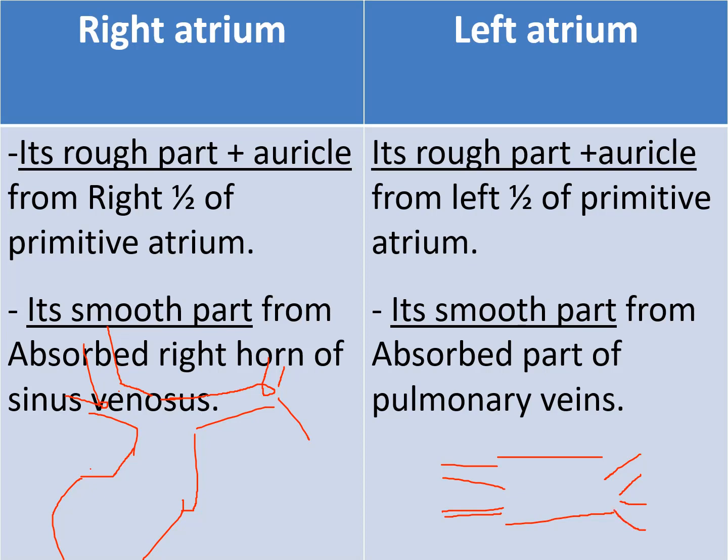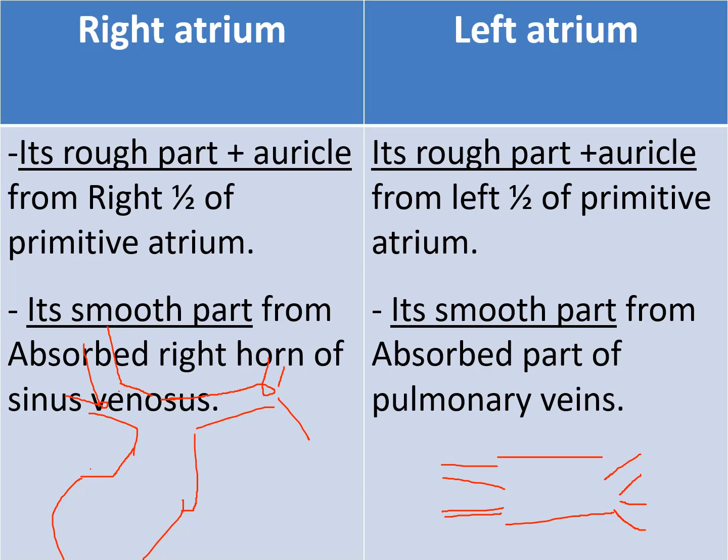If you are following me, these two pulmonary veins on the left should merge together in one pulmonary vein, and these two right pulmonary veins should merge in one pulmonary vein. But actually, this pulmonary vein is part of the left atrium, and they should form one pulmonary vein, and this is also absorbed in the wall.